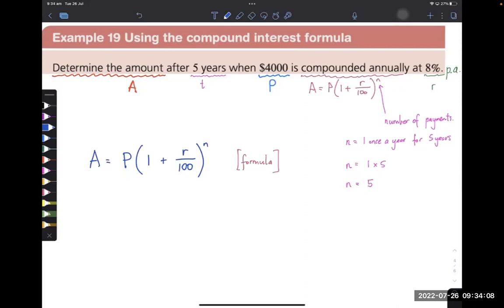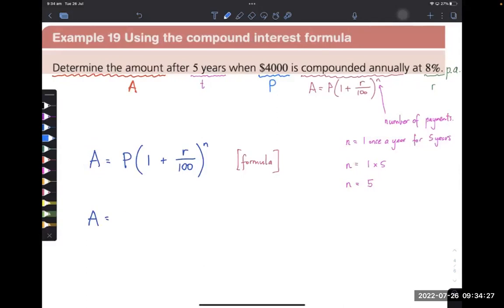What's our next step? Substitution. Do we know what our A is? No. So we leave it as A. Do we know what our P is? 4,000. So I'm going to replace this with 4,000.